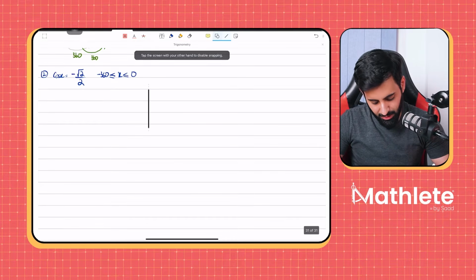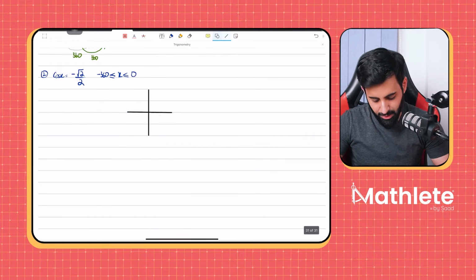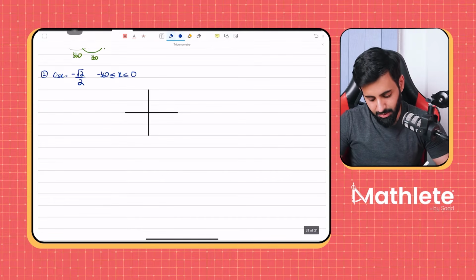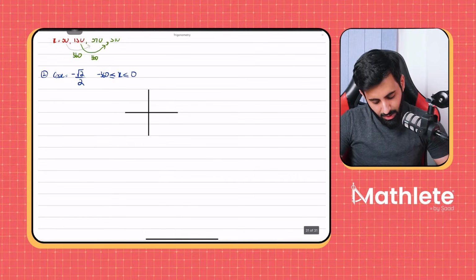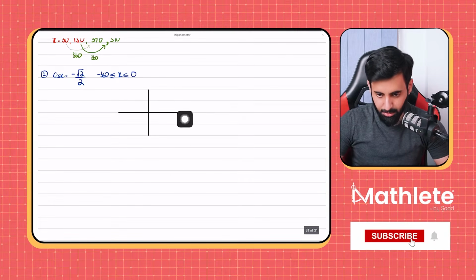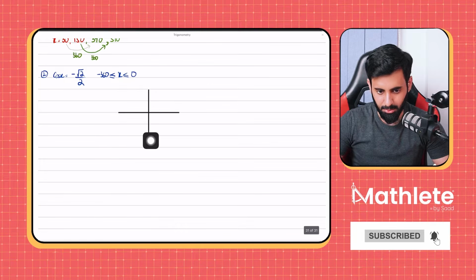Two things that you will always have to do: first, determine the quadrant where all this is taking place, and second, determine alpha. Normally this would be 0, 90, 180, 270, 360.